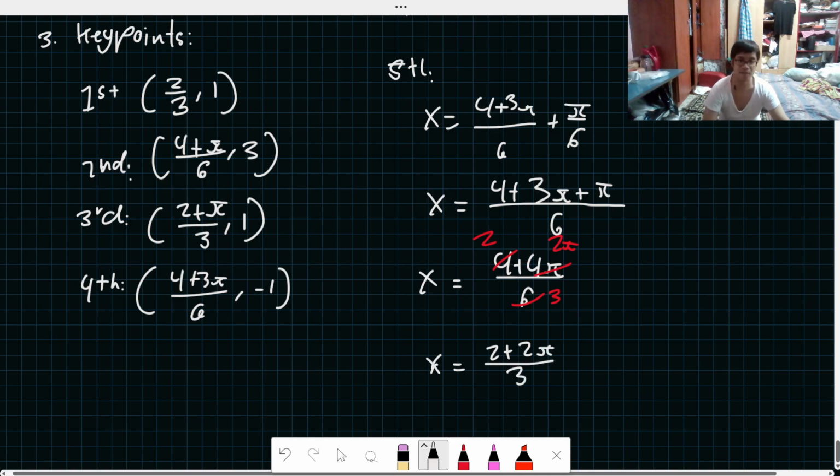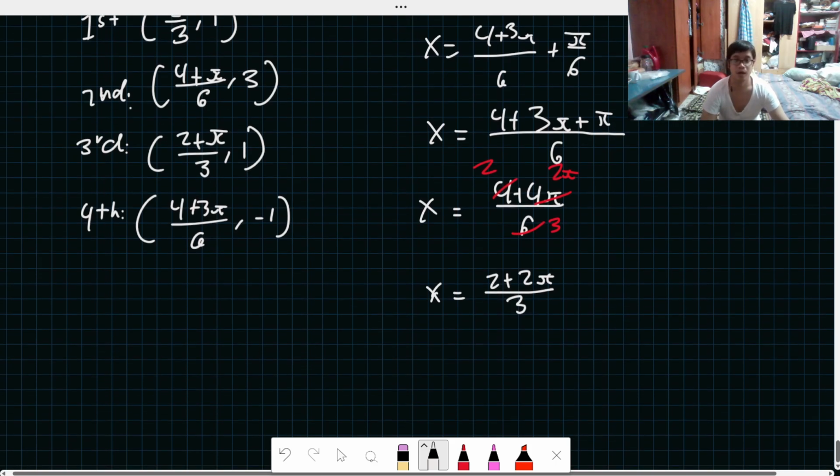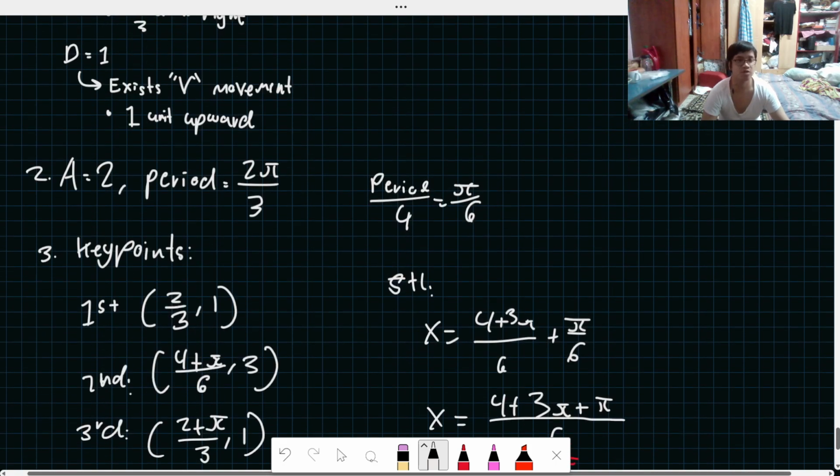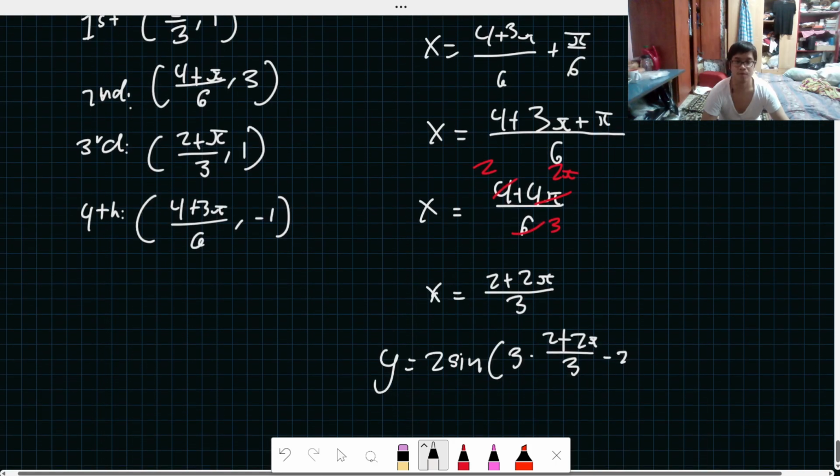Okay, I'm going to leave it that way. I think that's much better. Then now we're going to substitute that x to your sine function, which is 2 times sine of 3 times 2 plus 2 pi all over 3 minus 2, plus 1.